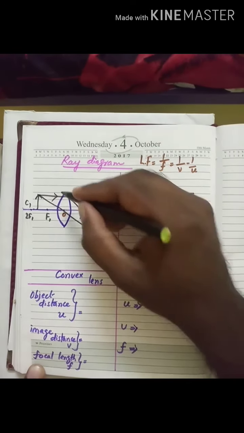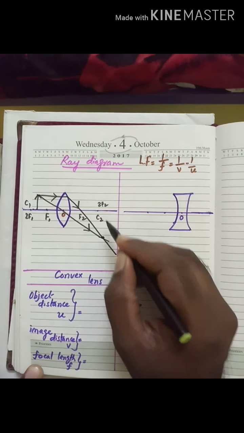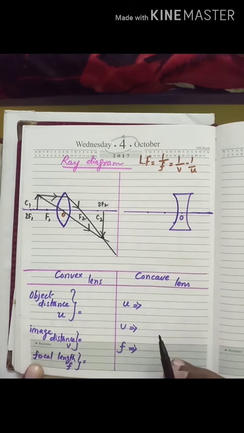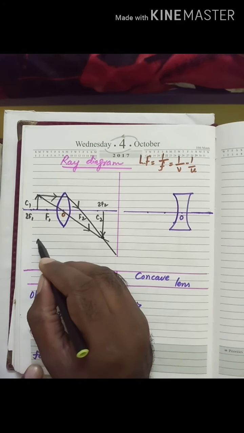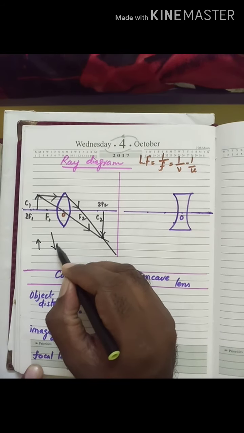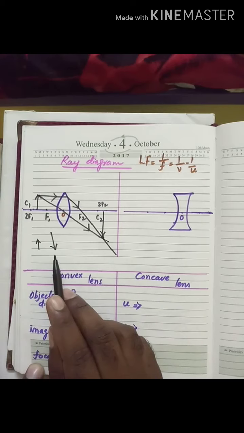So what happened? An image will be formed here. The object height is little, but the image size has increased in the convex lens. This has to be noted.